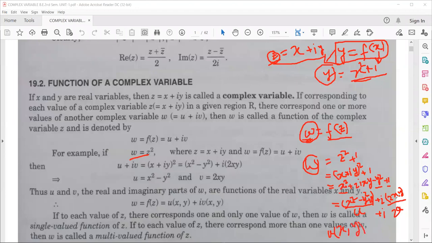And v is also a function of x and y. So w is equal to f of z, and that can be written in the form u of (x, y) plus i v of (x, y), where u is the real part of w and v is the imaginary part of w, that means of the complex number w. Is that clear?